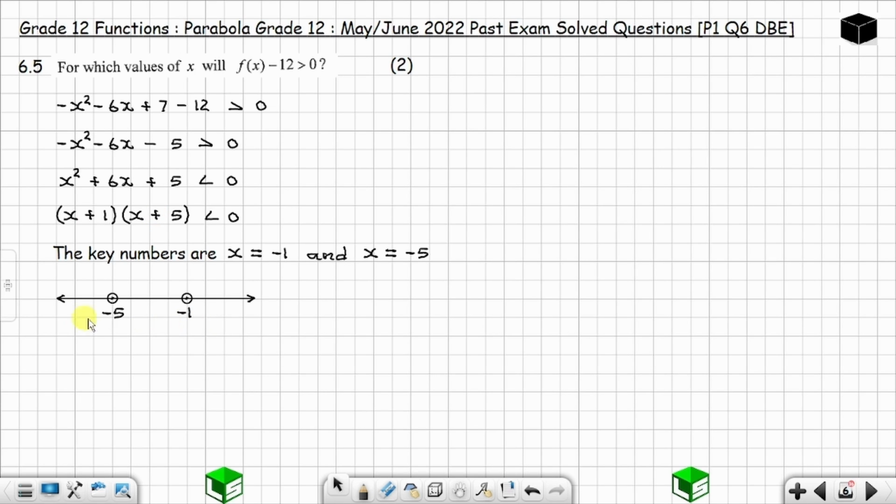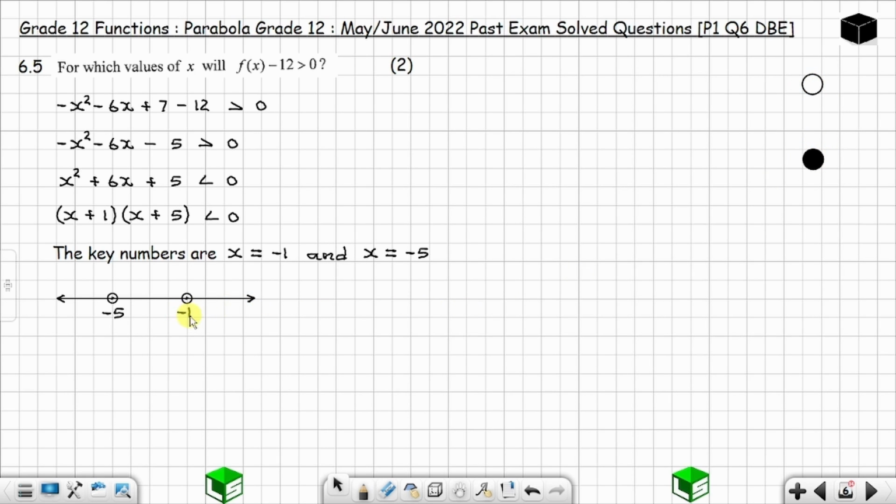When talking about closed circle and open circle, I want you to understand this. This is an open circle, right? And this is a closed circle. So when a number is not included on the number line, you are going to use an open circle. If a number is included, you are going to use a closed circle.